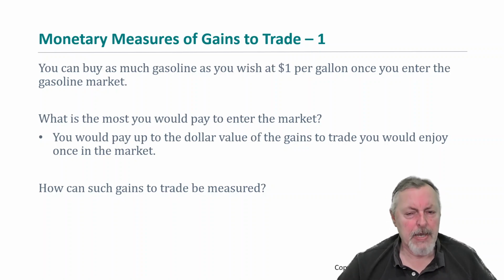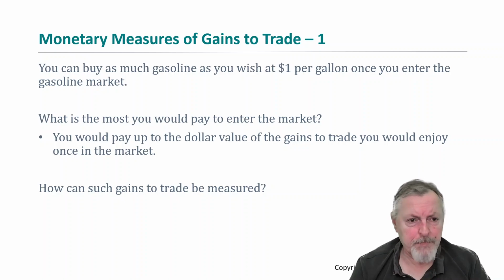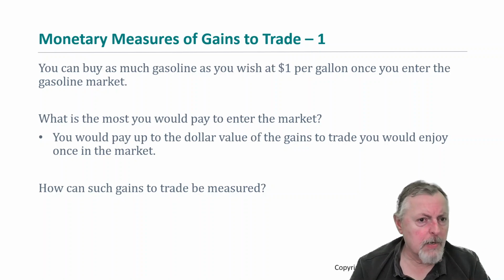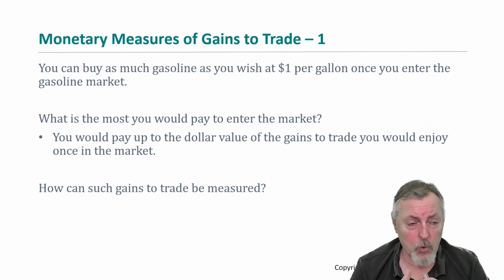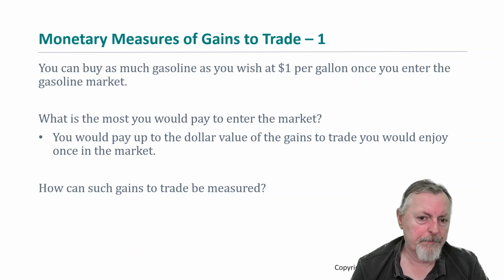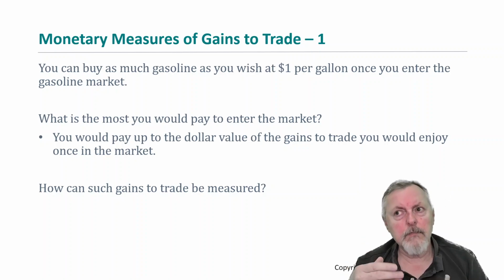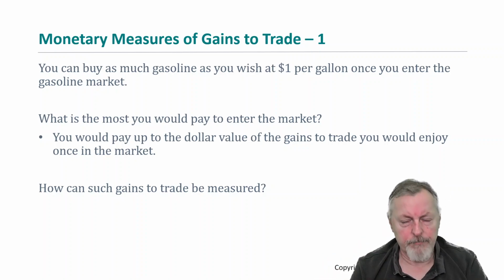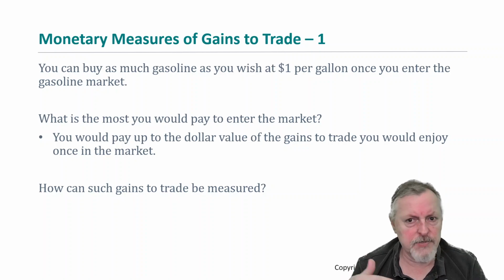So here's an example. You can buy as much gasoline as you want at $1 a gallon once you enter the market. What's the most you would pay to enter the market? Well, if you enter the market, you will conduct transactions and you will get some gains from trade.